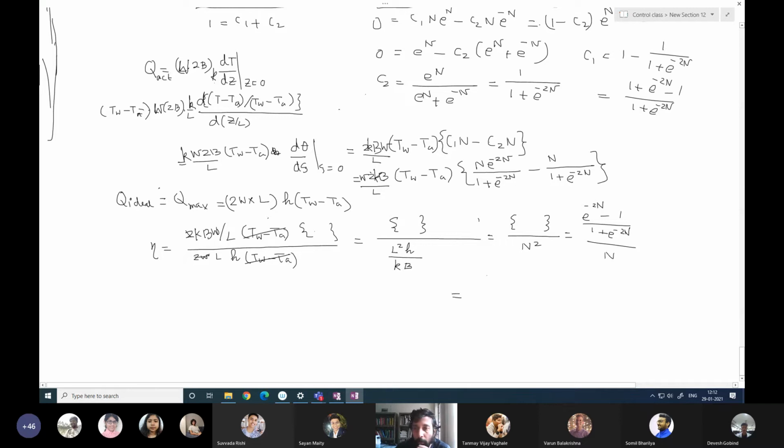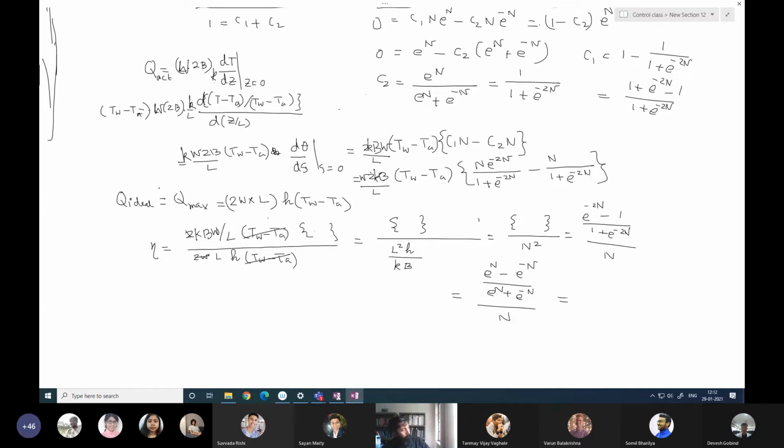So if we multiply it by e to the power n, it will become e to the power n minus e to the power minus n divided by e to the power n plus e to the power minus n divided by n. And what is the numerator? So numerator looks like some hyperbolic function. So you're familiar with hyperbolic function, no?